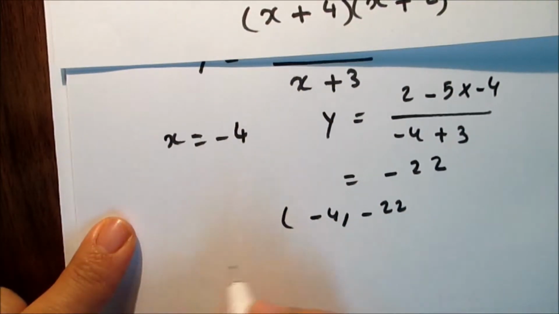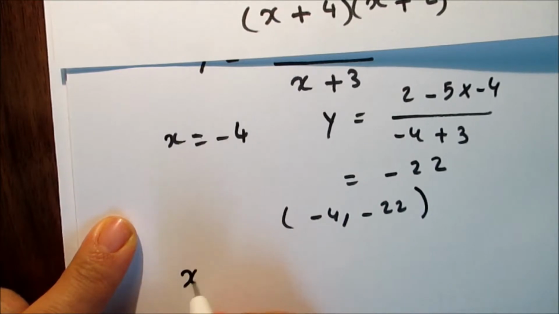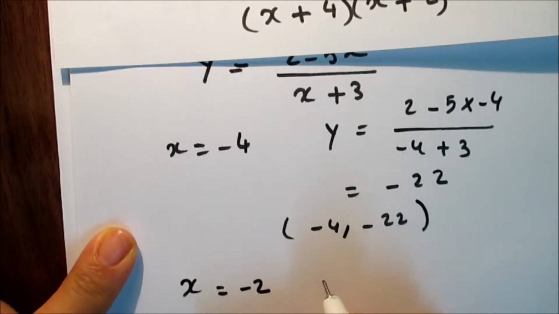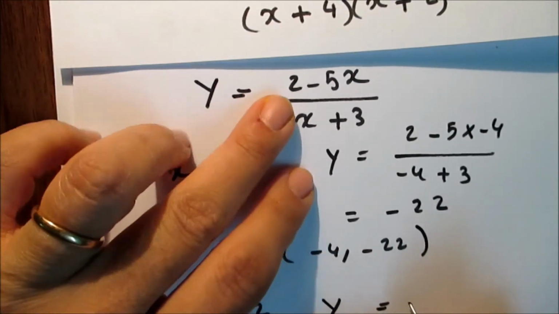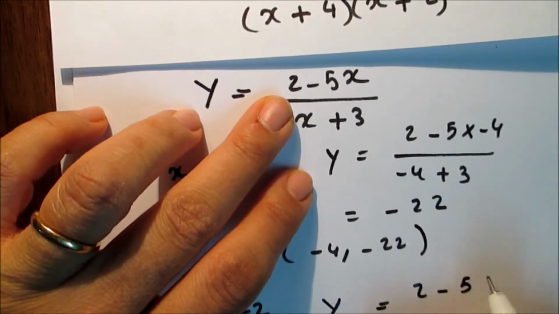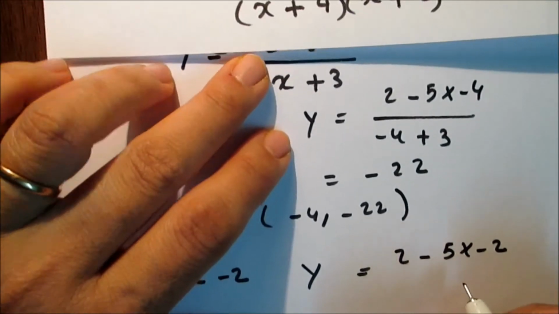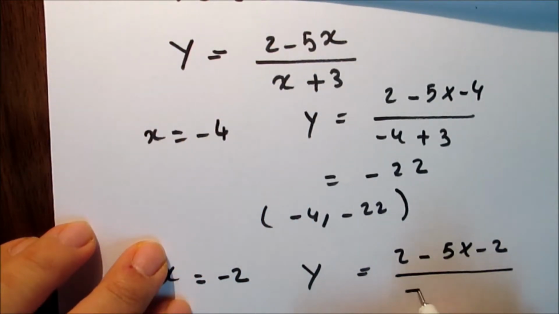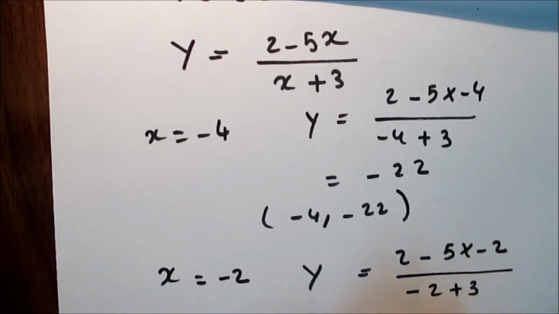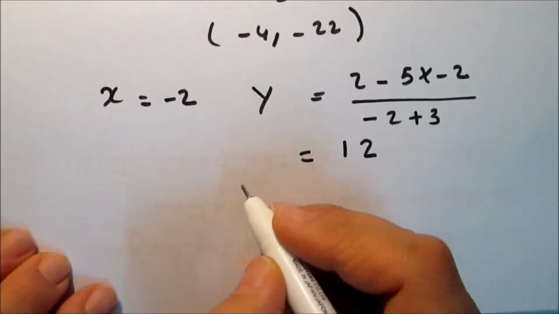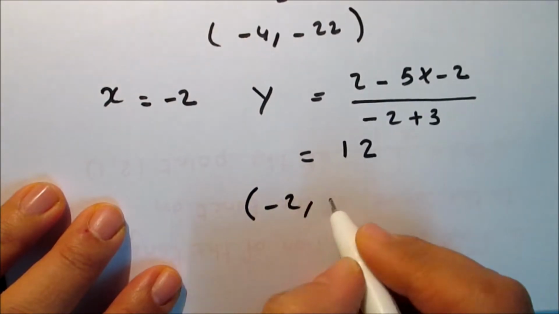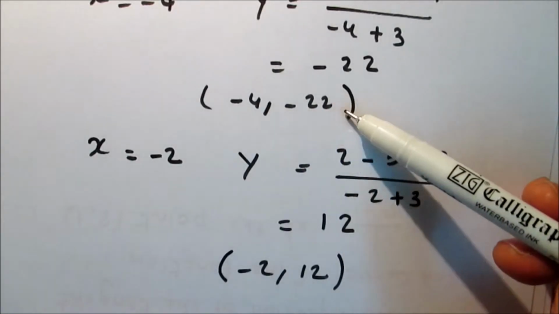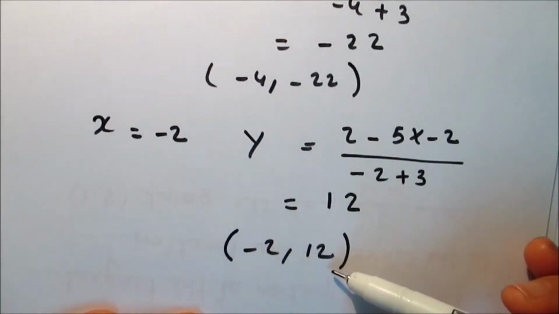And at x equals negative 2, y equals (2 minus 5 times negative 2) over (negative 2 plus 3), which is 12. So the second point is (negative 2, 12). The required points are (negative 4, negative 22) and (negative 2, 12).